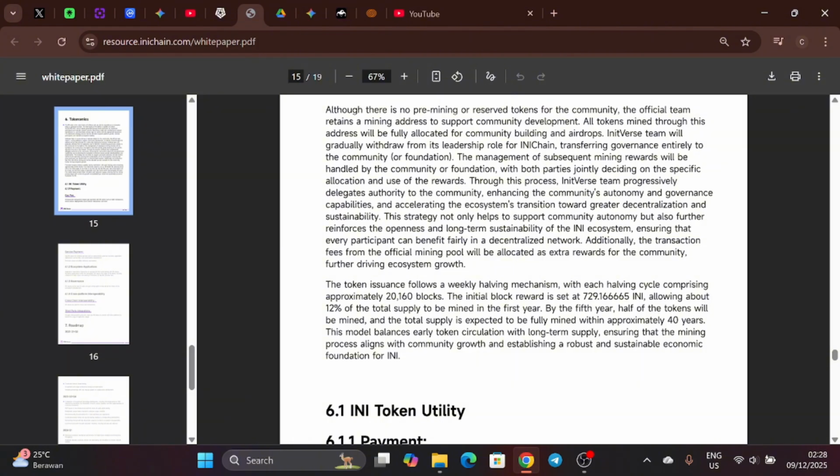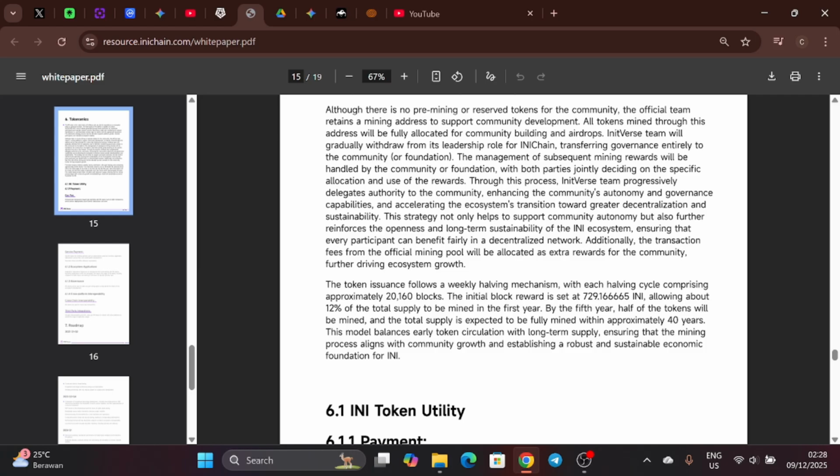comprising approximately 20,160 blocks. The initial block reward is set at 729 INI, allowing about 12% of the total supply to be mined in the first year.